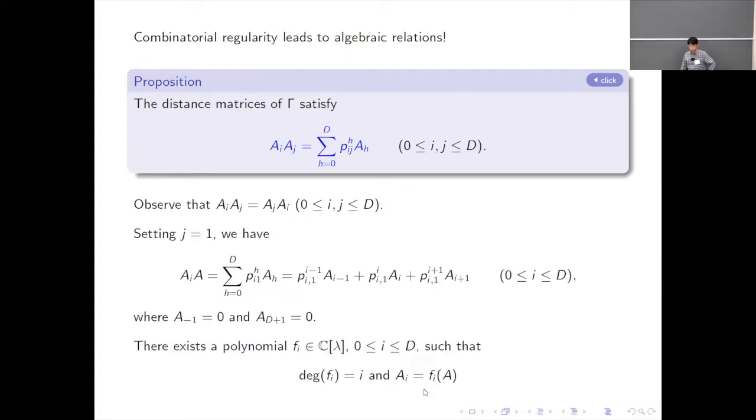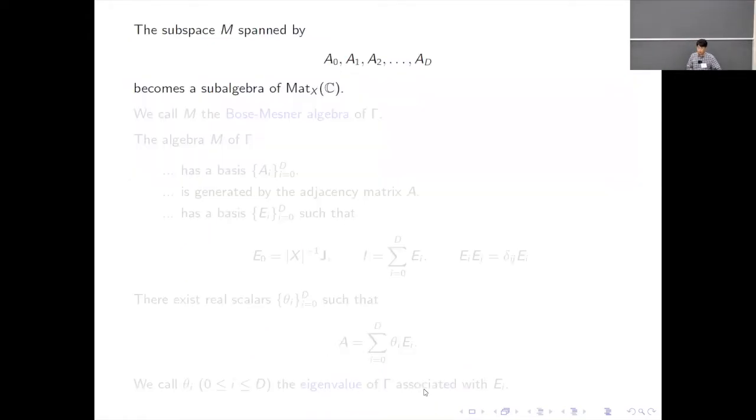And also, there exists a polynomial F_i of degree i such that A_i is exactly F_i of A. In the previous lecture, Terwilliger introduced this polynomial as v_i, but I just use F_i.